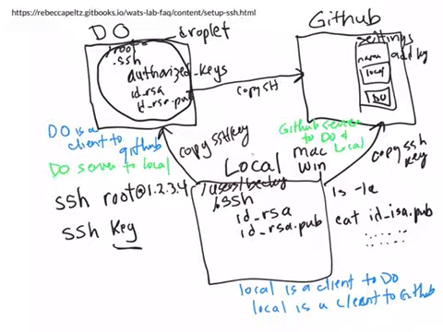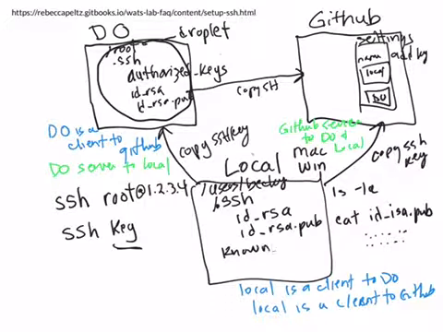a server. And what makes it a client is that we would be SSHing from it to the machine that's acting as a server, and we're able to do that because we've copied the client's key to the server's authorized keys. One other file that you'll see is the known hosts.